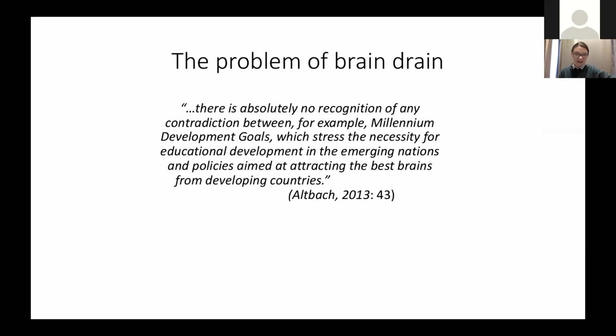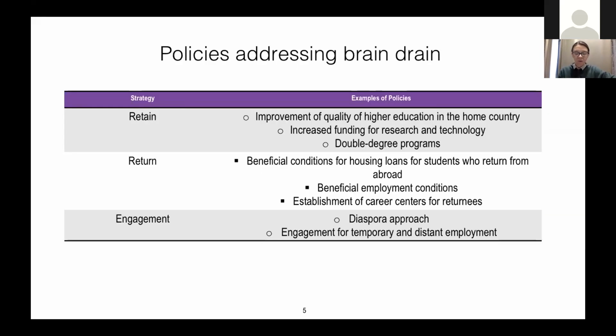Right now, during the pandemic, the quote is even more relevant: there is absolutely no recognition of any contradiction between, for example, Millennium Development Goals, which stress the necessity for educational development in the emerging nations, and policies aimed at attracting the best brains from developing countries. That was said almost 10 years ago. However, now, as we see new and very tangible challenges related to the pandemic, this is also a very important notion.